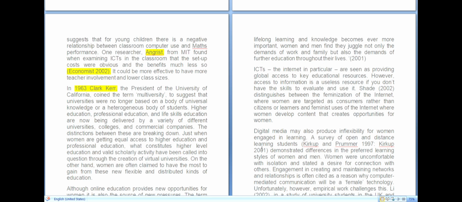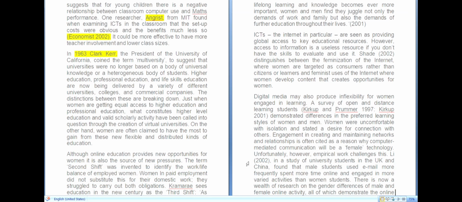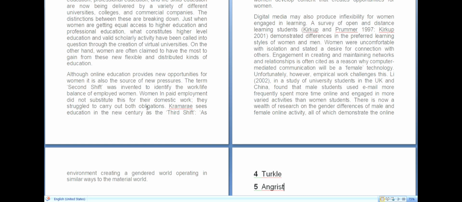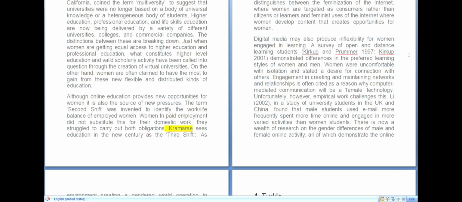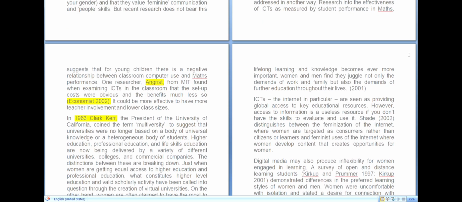Yes, here we have so and so person says, but we don't have the year. So probably we have it in the continuation. Yes, here it is in the bracket again at the end. Continuation, we have 2002 for Shade.